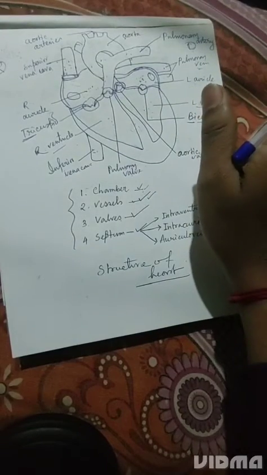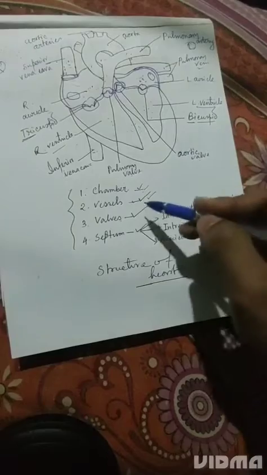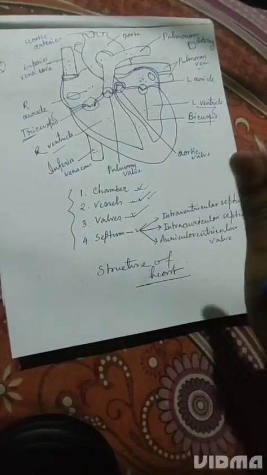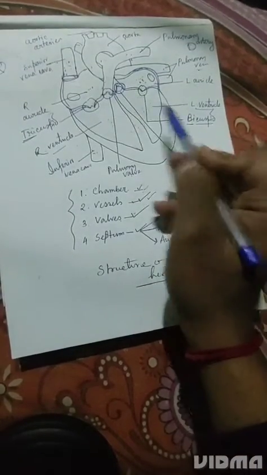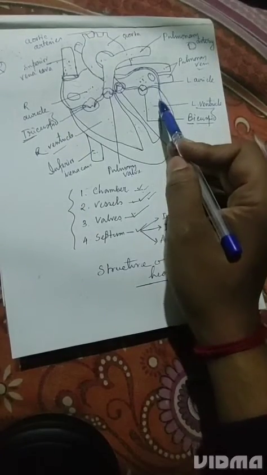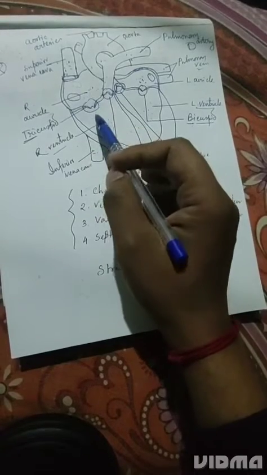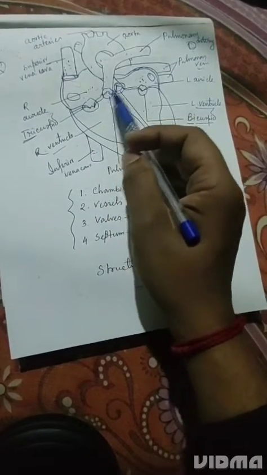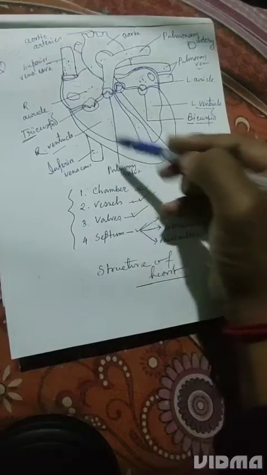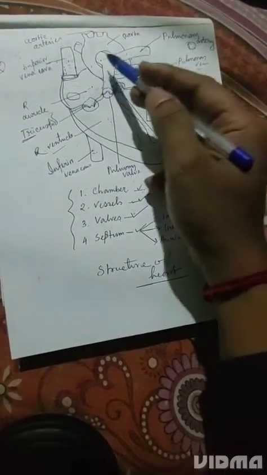Next, valves, four valves: bicuspid valve between left auricle and ventricle, tricuspid valve between right auricle and ventricle, and two semilunar valves, the pulmonary valve to the pulmonary artery, and the aortic valve to the aortic arteries.